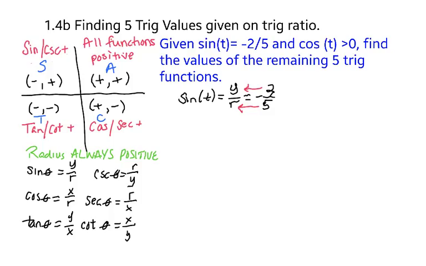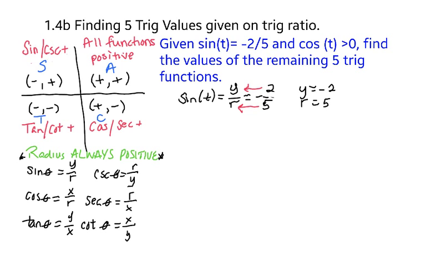And of course, there is the issue of the negative sign out in front. So we know that the radius is always positive. That's an important fact here. So the 2 must be the negative and the 5 must be the positive. So we know that y is negative 2 and r is positive 5.